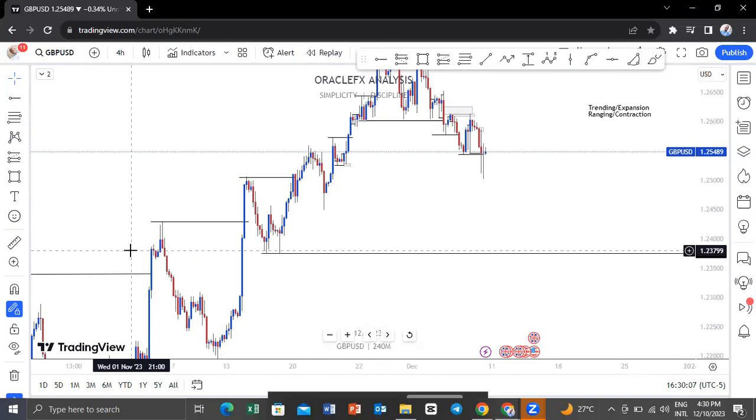Because this is 4 hour, imagine 4 hours of competition between buyers and sellers, trading, trading, trading, and then sellers are in control. The way you know when buyers and sellers are in control is the way your candlesticks are behaving, like your rejection, engulfing. You know about your engulfing candlestick, right?